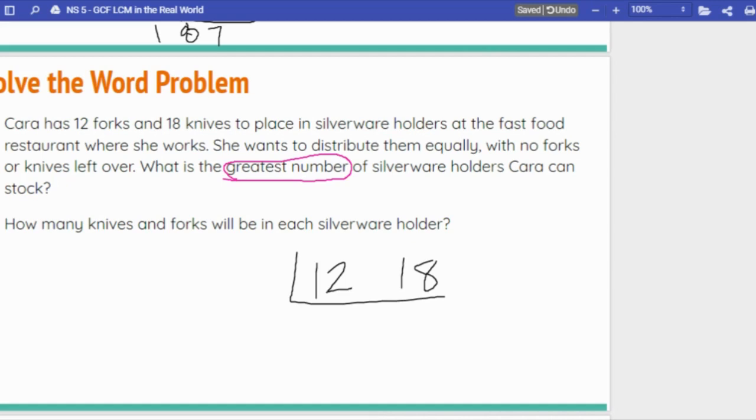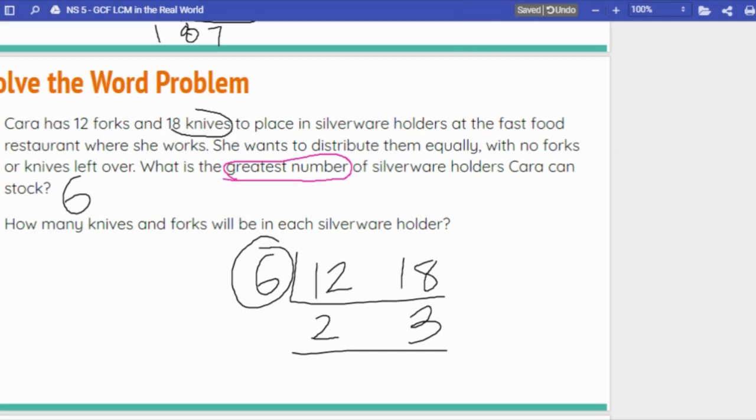Well, I could actually use a few things. 12 and 18, I'm going to pull out a 6. 12 divided by 6 is 2. 18 divided by 6 is 3. Now, you could have done 3. You could have pulled out a 2. In the end, though, you still will get the same thing. So, anything in common in 2 and 3? Nope. So, what is my greatest common factor? 6. So, what's the greatest number of silverware holders Kara can stock? 6.